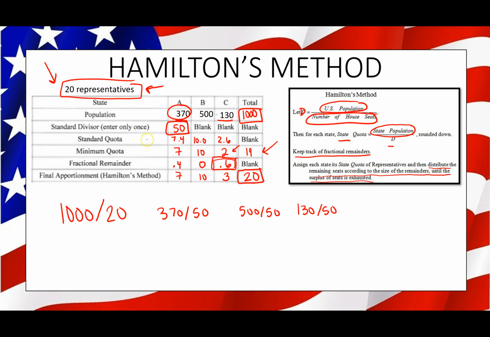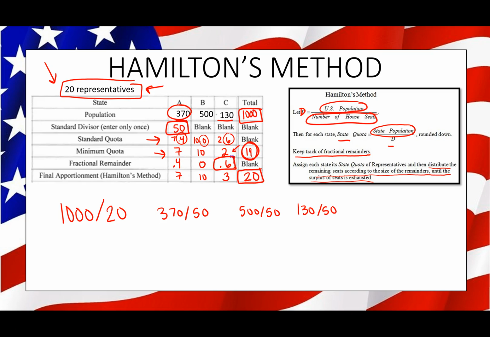Then we just round down and get rid of the decimals, and that gives us these values here. It also tells us how many seats we're at total, in this case 19, which means we would have to round one of these values up. So we keep track of our decimal remainders, and that's just going to be the 0.4, the 0.0, and 0.6. And whichever one has the higher decimal is going to get the extra seat.